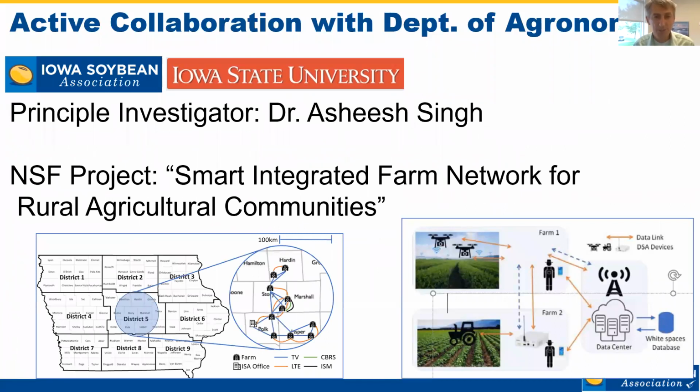Another project which just started a couple of weeks ago is a National Science Foundation grant with Dr. Danny Sin as the principal investigator. It's focused on developing and testing so-called smart integrated farm networks for rural agricultural communities.